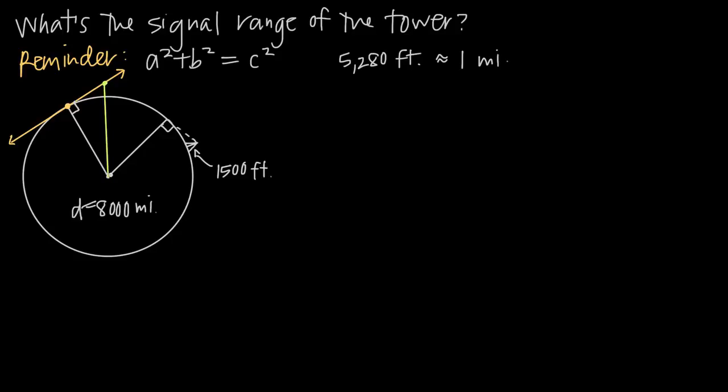And the hypotenuse is always going to be longer than either of the legs of the triangle. More specifically, this hypotenuse is always going to be longer than this leg, which is the radius. So if we pick any point on the tangent line other than the point of tangency, we know that this hypotenuse is going to be longer than the radius, which means that this point is going to always lie outside of the circle. And it doesn't matter which point we pick.